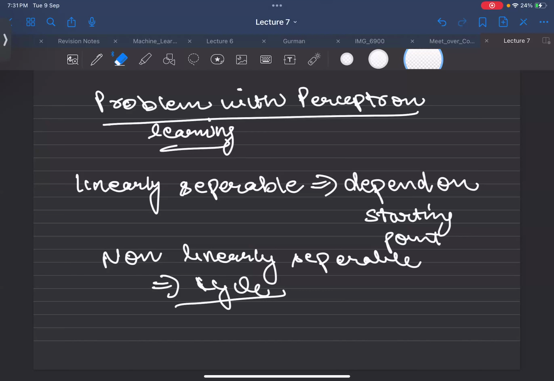So can someone tell me, as Yashwant is asking, what does starting point mean there? Come on. I want you guys to answer. Basically, for the starting point, we pick the initial weights, which are random.